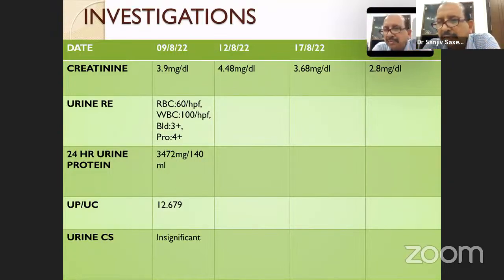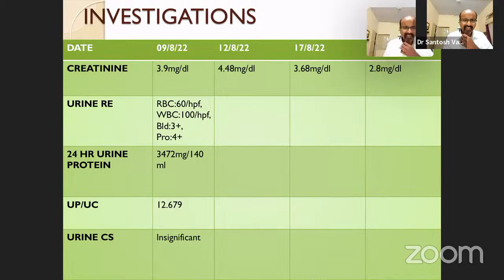Sir, with 140 ml, I would be unhappy with a sample with a volume less than 500 ml. That's where the urine protein by creatinine ratio helps us. But it just means that there is a lot of proteinuria, which we may not be able to sufficiently quantify.